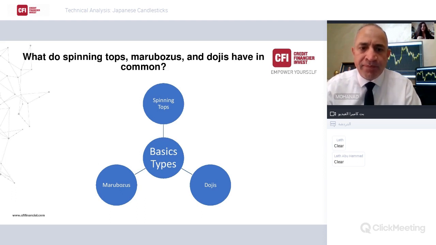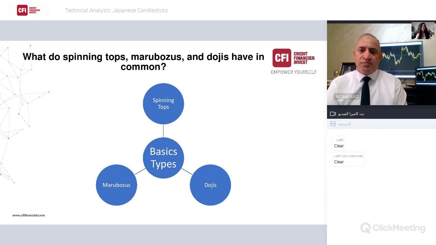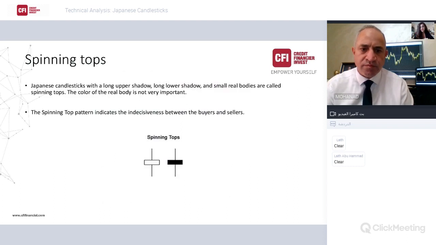We will talk about very specific but very important patterns that affect the trading positions. But the big line is the basic types, which are the spinning tops, the dojis, and then the marubozus. We will talk about these in more detail in a second.